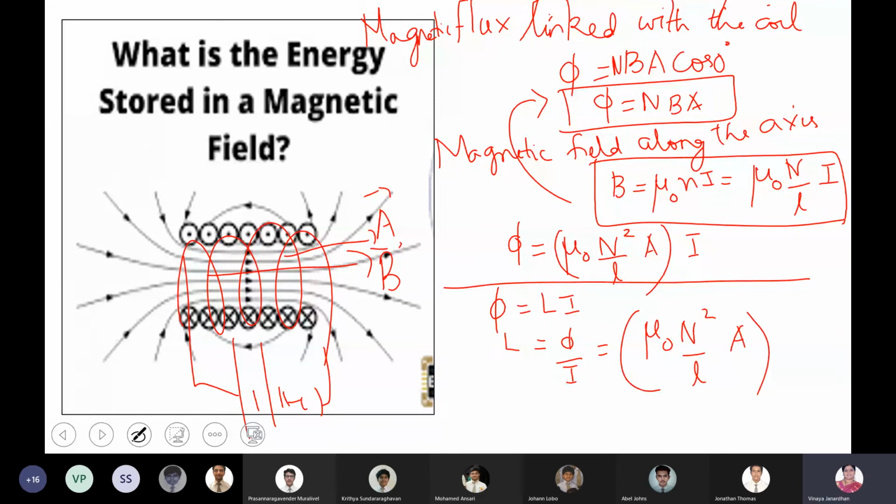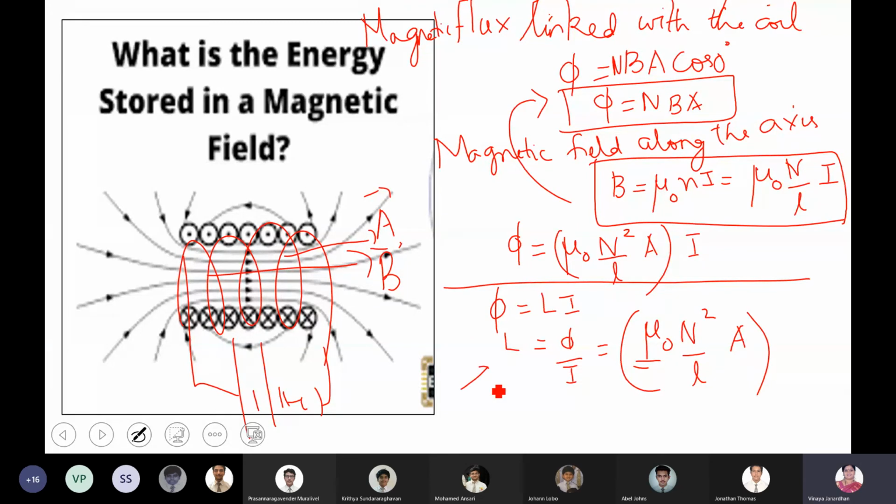So look at the value of the coefficient of self-induction: it depends upon the total number of turns, the length of the coil, and the area of cross-section of the coil. At the same time, it depends upon the nature of the material inside the current carrying solenoid. L is mu naught N squared by L into A.